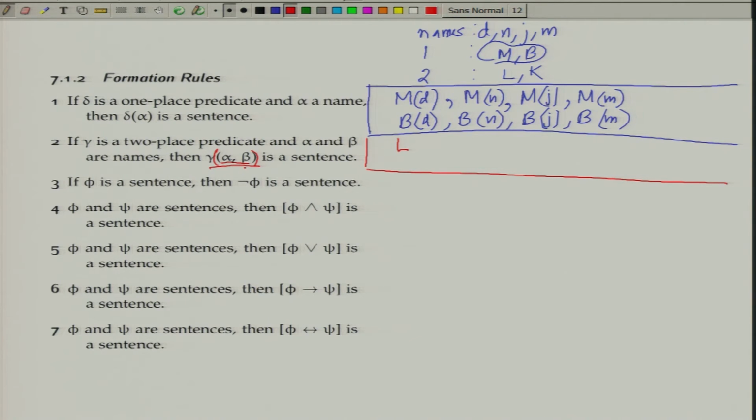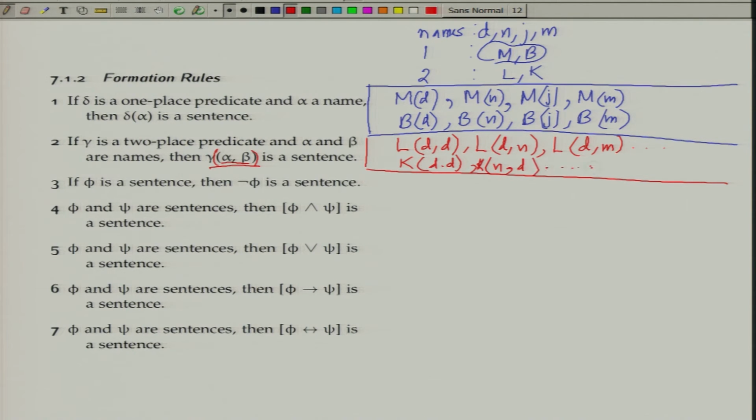So gamma alpha beta can be instantiated as like this, L D D or L D N or L D M, many things, and K similarly, K D D or K N D.